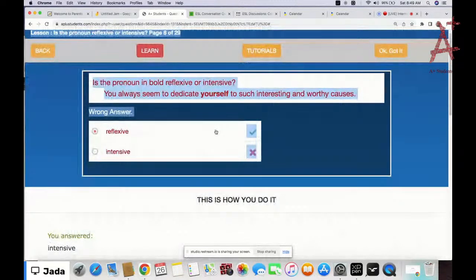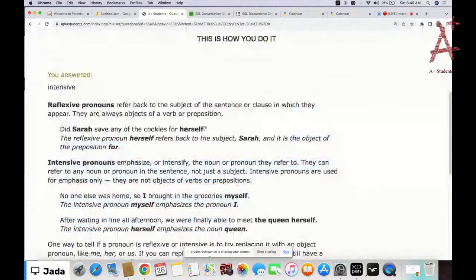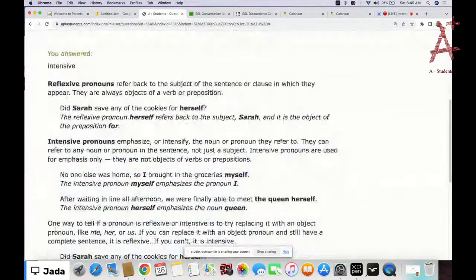We can use themselves, and maybe ourselves, and then an object pronoun. You always seem to dedicate her. So you could use her: you always seem to dedicate her to such an interesting and worthy cause. So yeah, you can use an object pronoun here. These are some examples of object pronouns to take note of also.